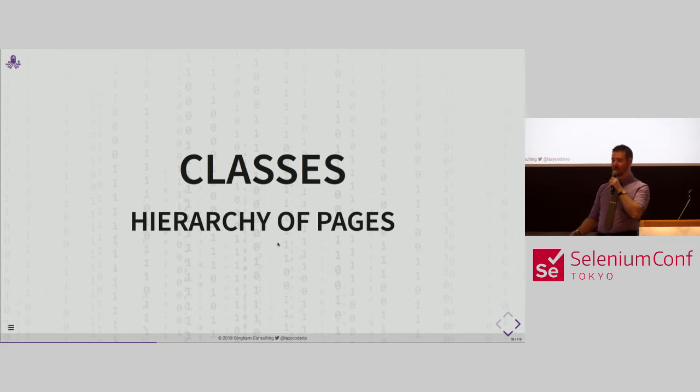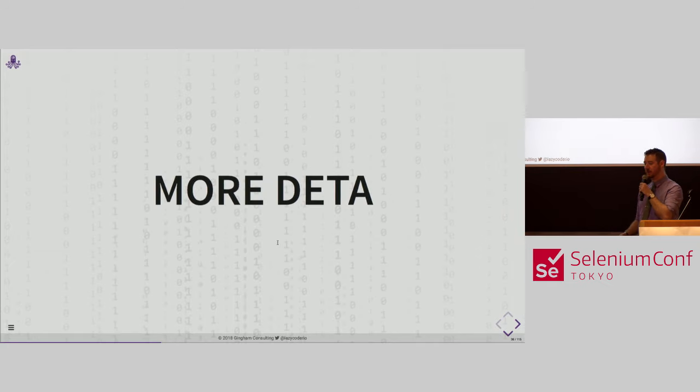So first off is classes. You can typically do abstraction based on the hierarchy of the pages. That says more details will be in the next slides. It's essentially in the next section, which I go into a lot more detail.